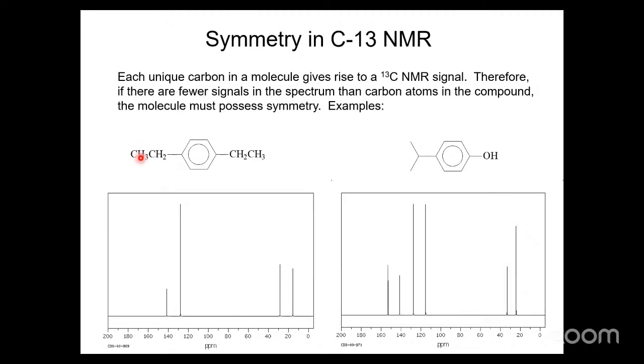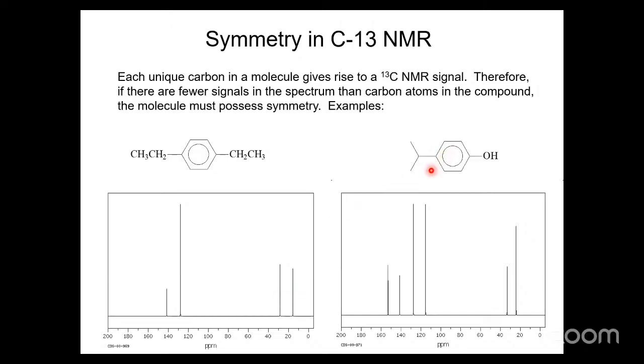So these two methyls are equal, these two methylenes are equal, these two aromatic carbons are equal, while the other CH carbons are equal too, and they are coming over here, while methyl and methylene are coming over here.